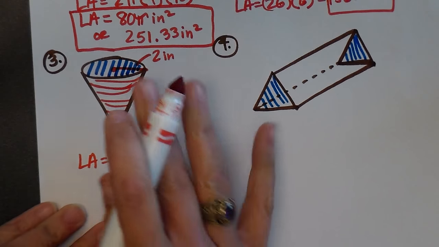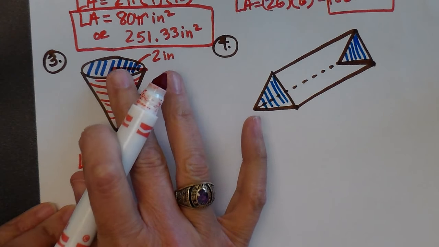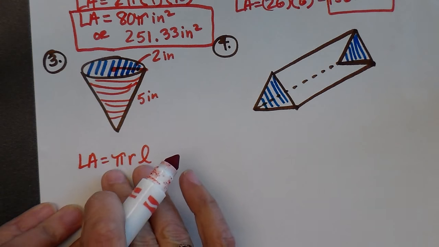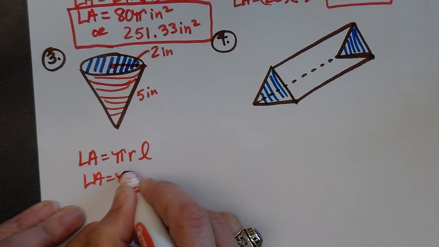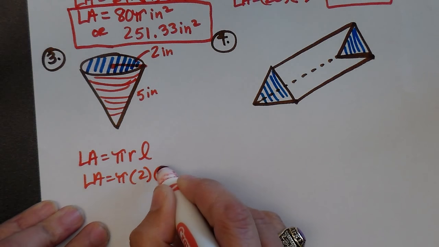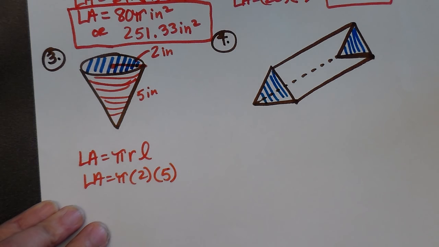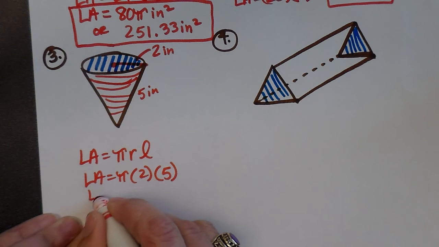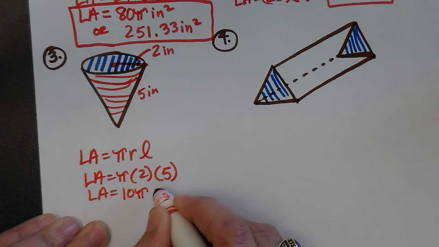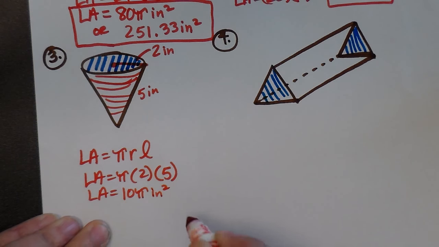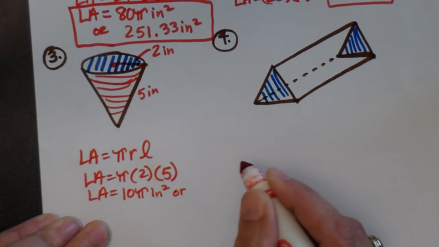We're not going to add the pi r squared because we don't want the base, the circle. That's gone. Just the pi r l. So my lateral area is going to equal pi times radius, which is 2, times slanted height, which is 5. So my lateral area is going to equal 10 pi, and that's 10 pi inches squared, okay?